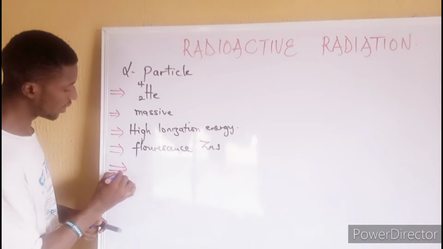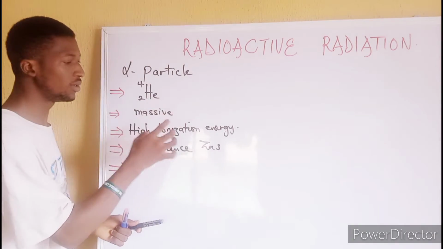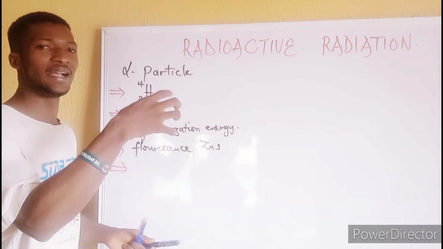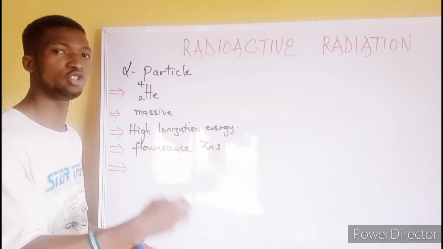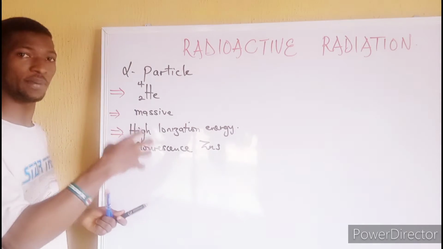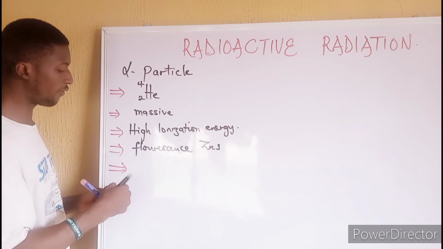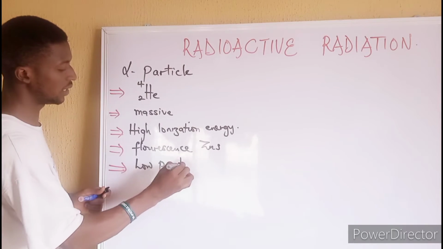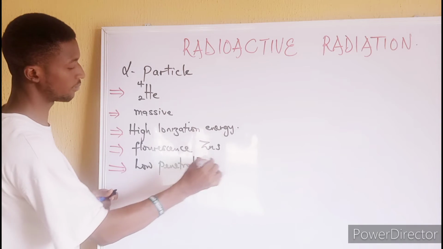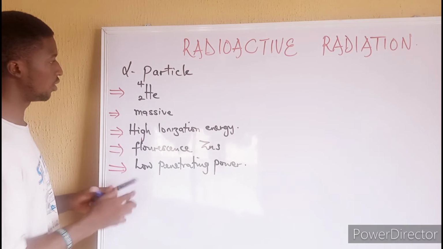Also, I want you to know that due to its massive nature, it has a low tendency of penetrating through molecules, through a lattice. This tendency of penetrating through a lattice is referred to as penetrating power. So we say that it has low penetrating power.